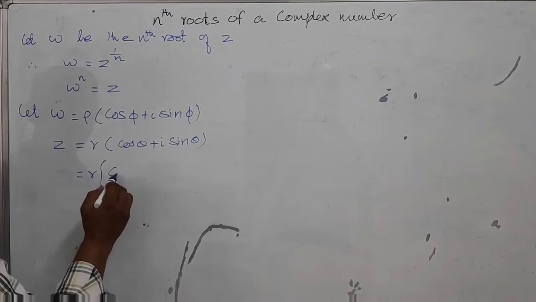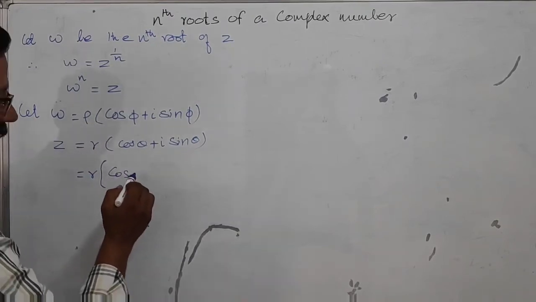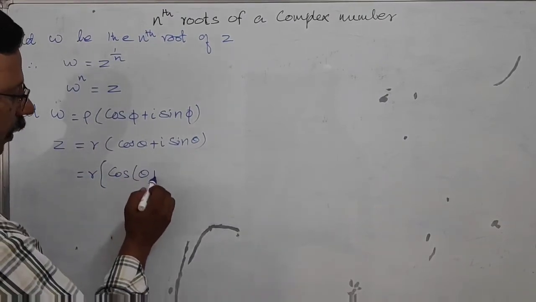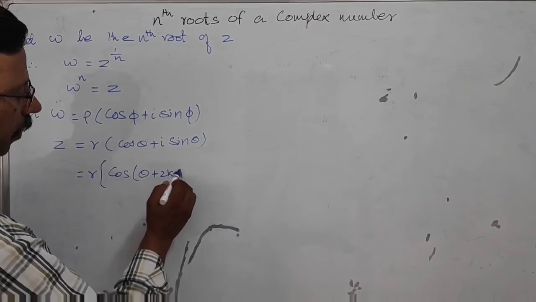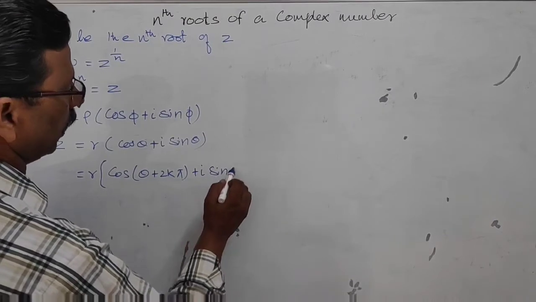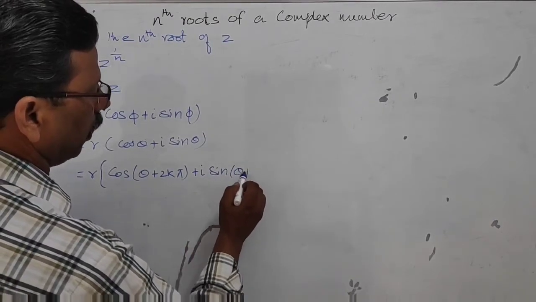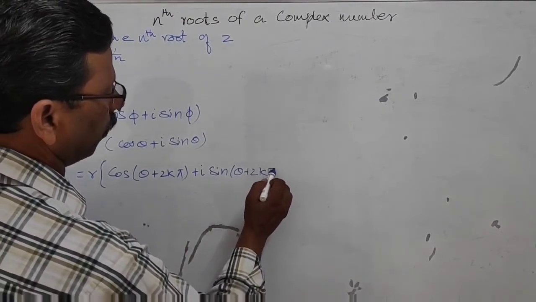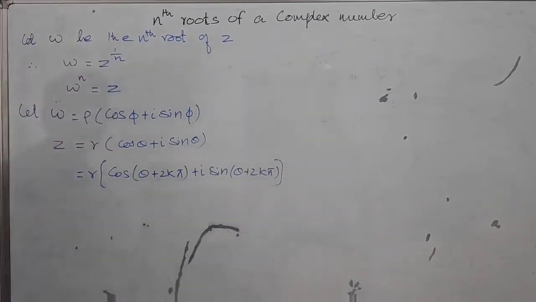This can be written as r into cos of theta plus 2k pi plus i sin of theta plus 2k pi.